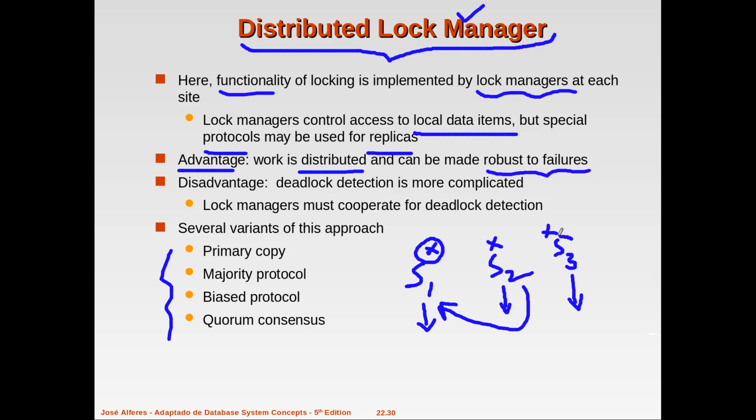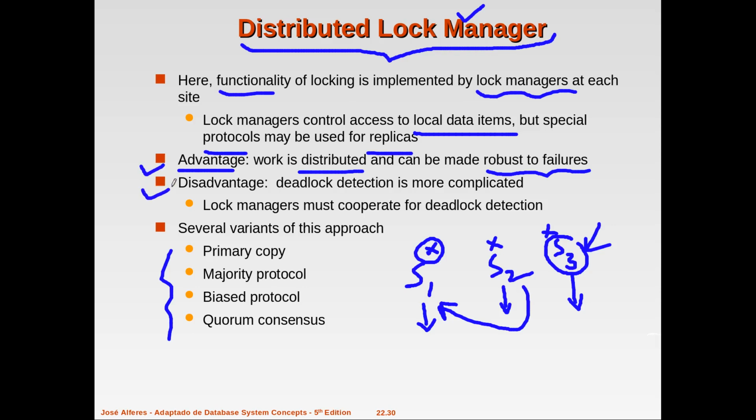Because if one site fails, it will affect only those items which are present in that particular site. Any transactions using items from other sites can be executed smoothly even after the failure of one or two sites in the distributed environment. So that is the major advantage of the distributed lock manager.